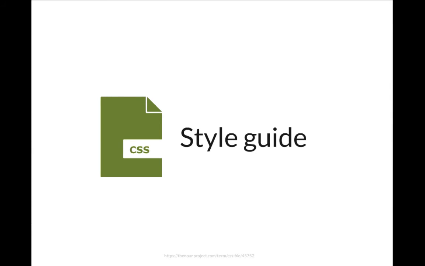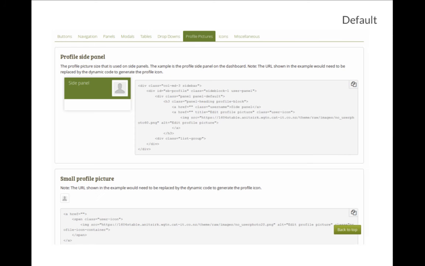One nice thing that most of you will probably not really see, but is very interesting for everyone who does development work on Mahara, and some of you do have your own developers on site, is the style guide. Because what the style guide does is it shows us what common elements that are being used in Mahara look like, and what a developer should use when they create functionality that uses those elements.